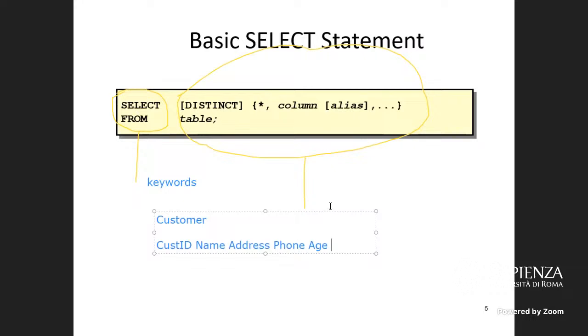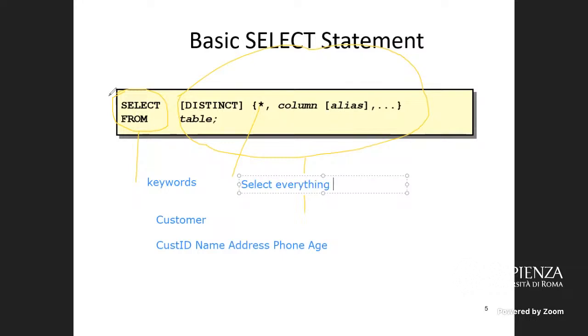So I can choose what to select. If I'm writing an SQL statement and I write asterisk, when you see the asterisk, it means that you are selecting everything. And you are selecting everything from where?